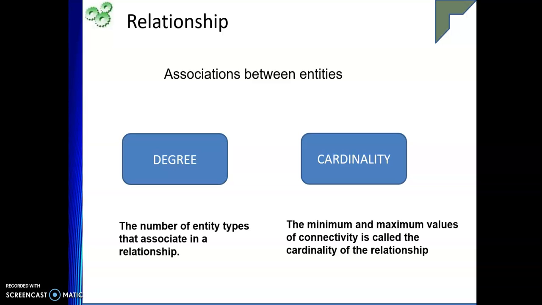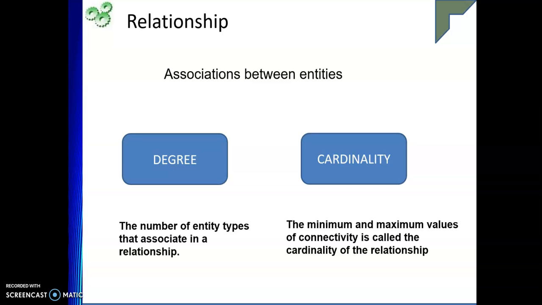And cardinality talks about the minimum and the maximum values of the connectivity of that particular relationship itself. Say, for example, a minimum of one instance and a maximum of this many instances of this particular entity will be connected with each other.